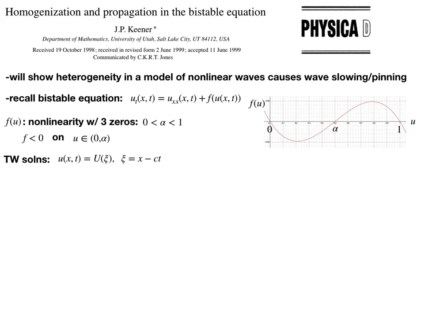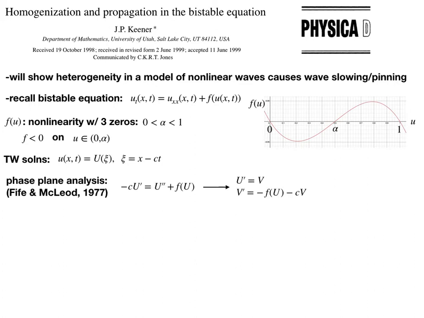So how do you derive these traveling wave solutions? Well, you make a traveling wave ansatz, which is to say that I'm going to look for solutions that are invariant with respect to this traveling wave coordinate or characteristic psi equals x minus ct.